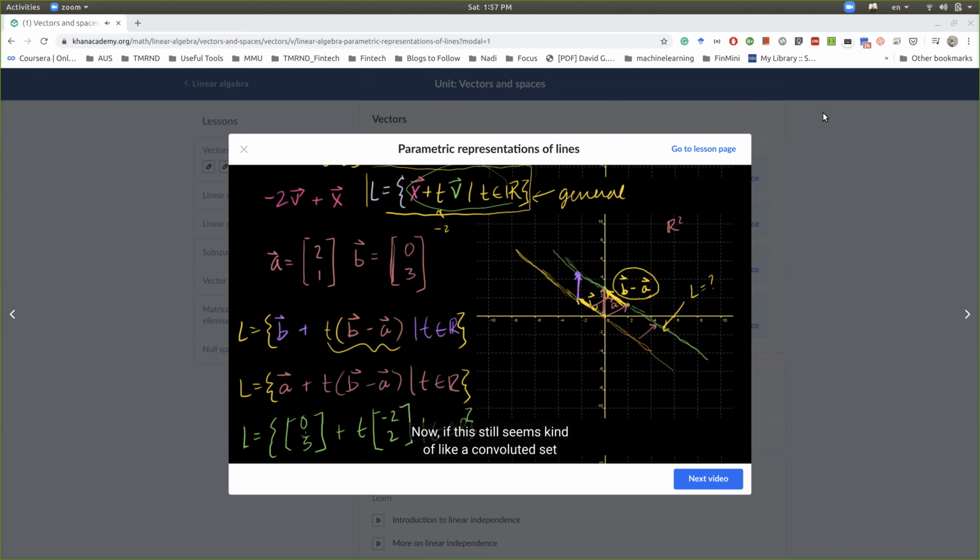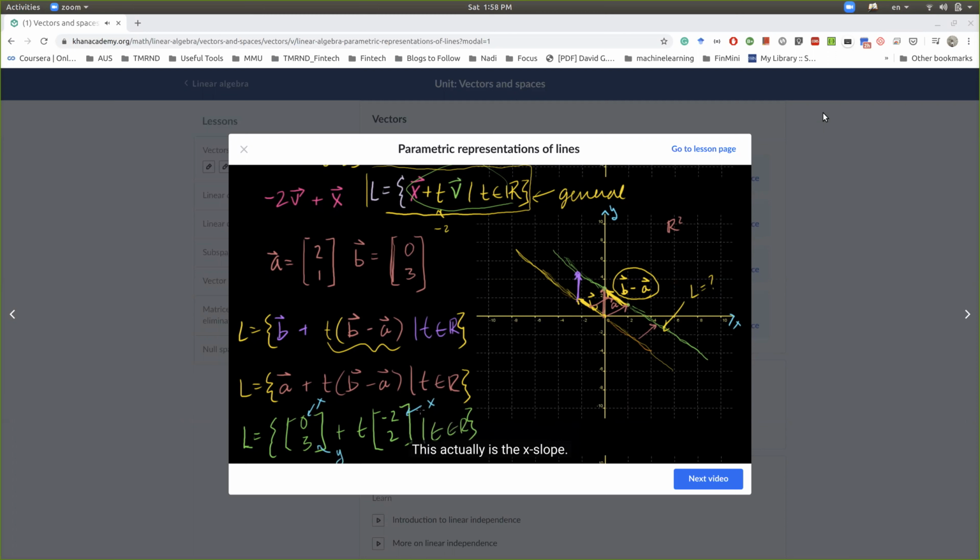Now, if this still seems like a convoluted set definition for you, I could write it in terms that you might recognize better. If we call this the y-axis, and we call this the x-axis, and call this the x-coordinate and this the y-coordinate, then we can set up an equation here.